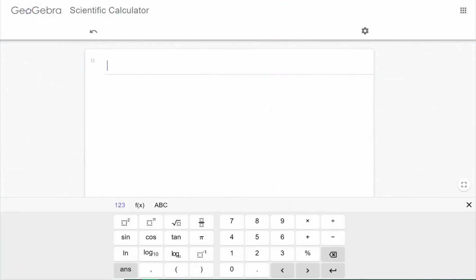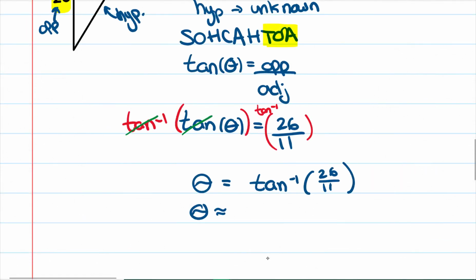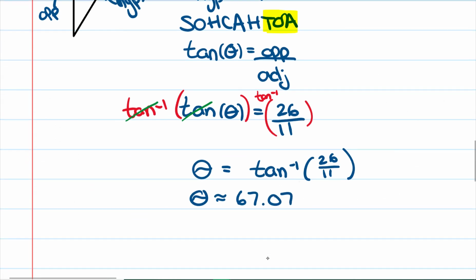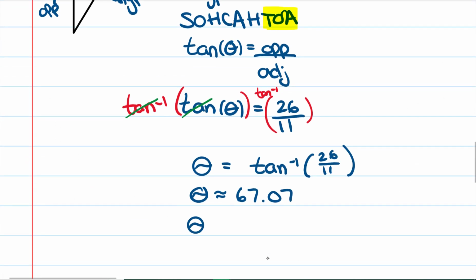I type in tangent inverse, and on your calculator it should be like shift tangent, or one of the buttons will be tangent inverse. 26 divided by 11, and you push enter, and I get 67.067. So theta is approximately 67.07. Then I'm going to round that to the nearest degree. So theta is approximately 67 degrees. Don't forget the degree symbol, it's very important.